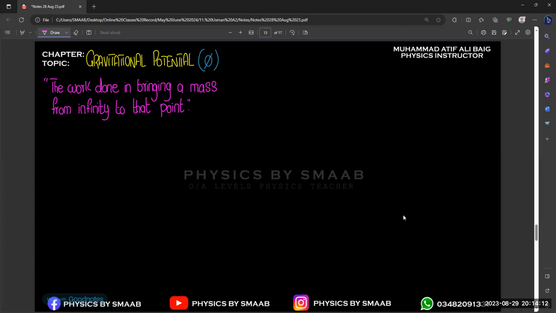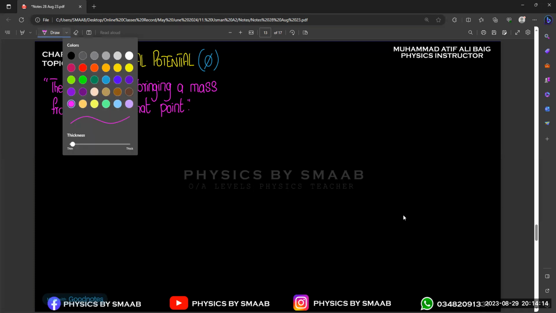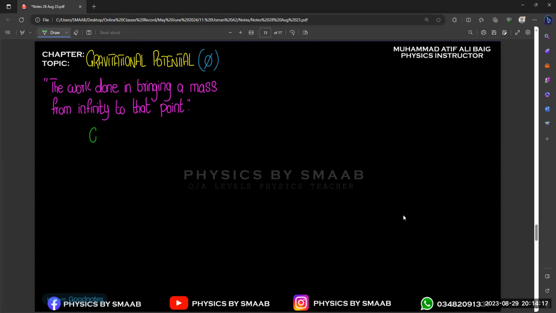So if we want to write the gravitational potential energy, your gravitational potential energy will be equal to, or you can simply use the concept of gravitational potential energy. This is for gravitational potential energy, and you know the change in potential energy.